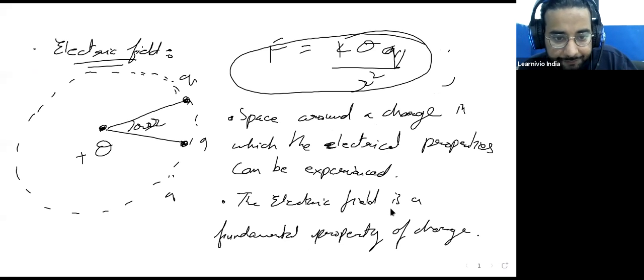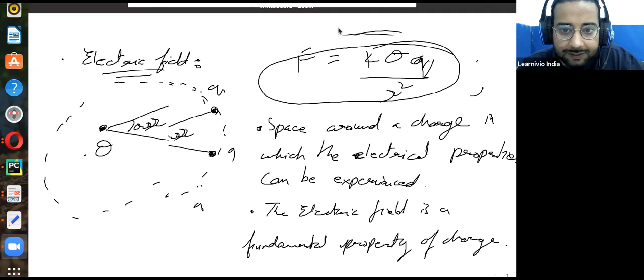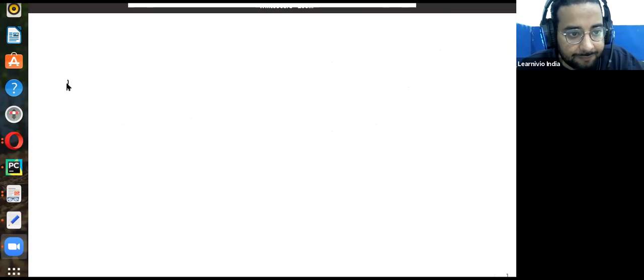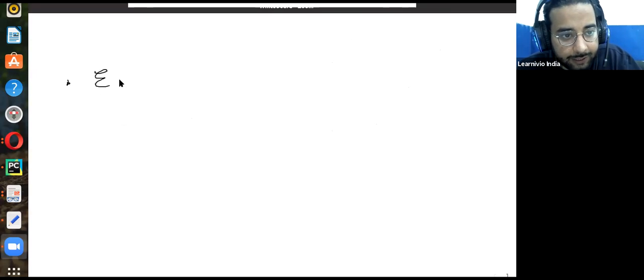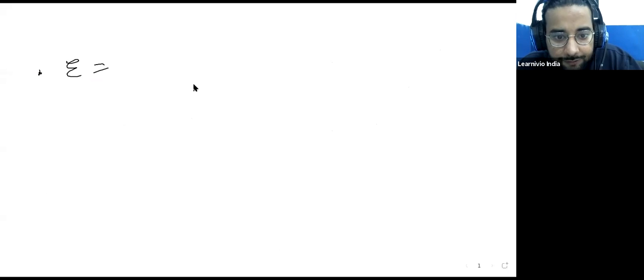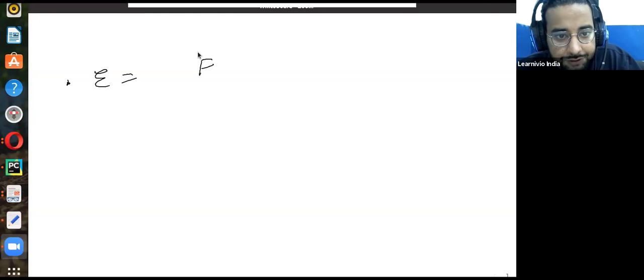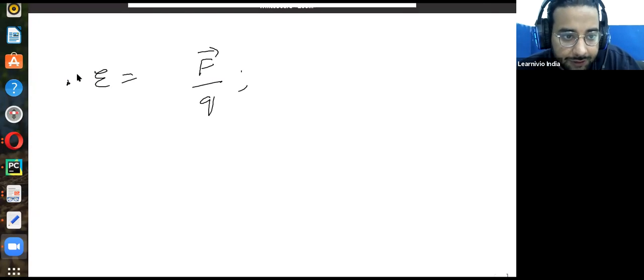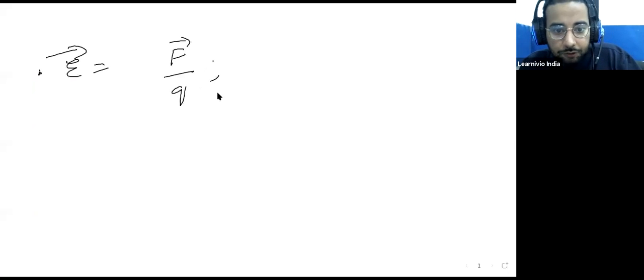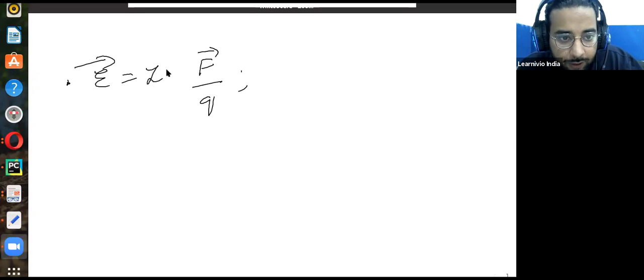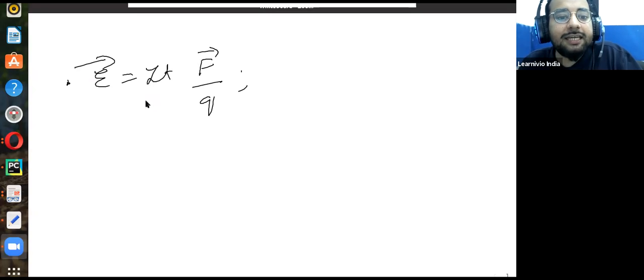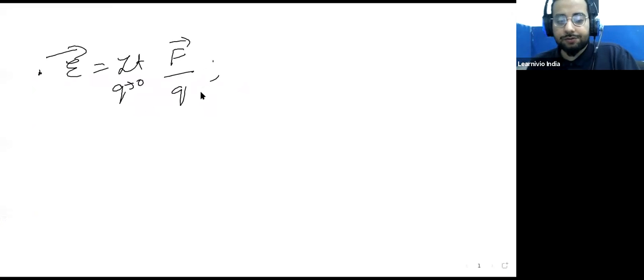inside the electric field. So as we said, we defined the electric field as the force per unit charge. So this is also a vector quantity. So both of them are vector quantities. But we'll also define this in the limit where q tends to zero.